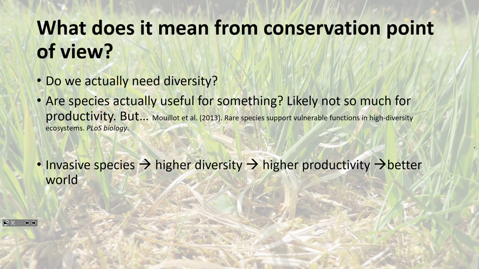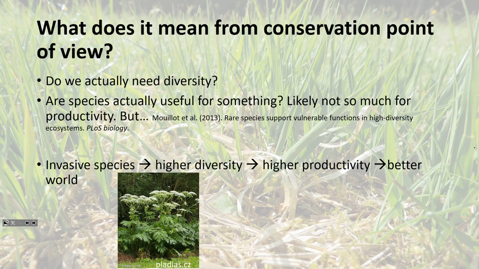Remember the study of Naeem, putting in invasive species, getting higher productivity, and this is maybe not a better world. Of course, if I would sow Heracleum into a plot, I believe it would grow there, it would increase diversity at least for a few years, and it would produce more biomass, but I don't know if it's exactly what we want to do. Well, actually, I want to do this, but that's another story in the future.